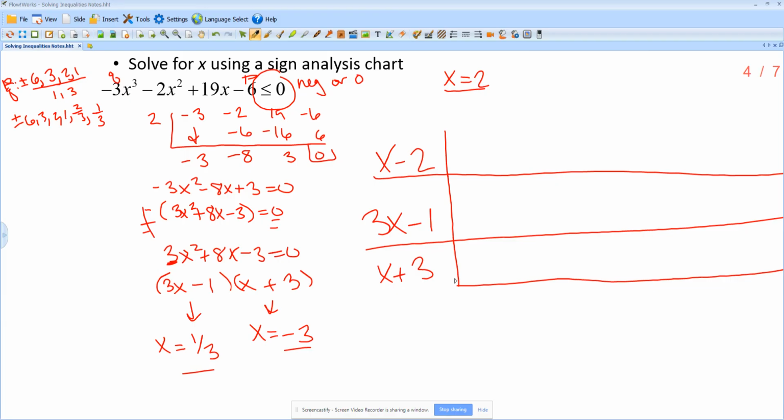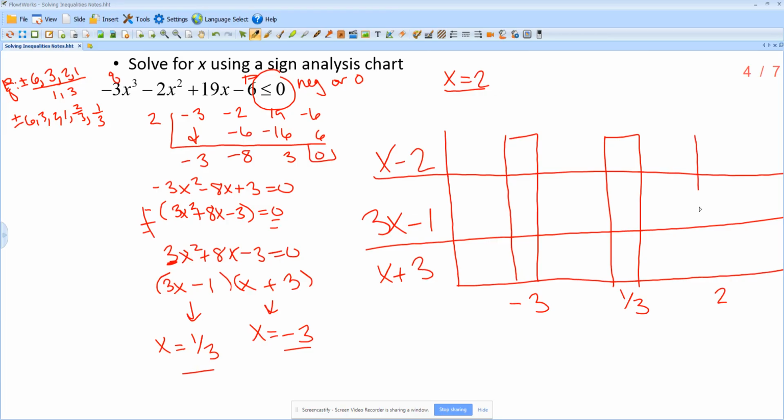So I've listed my critical values, -3, +1/3, and 2. Make all my sort of towers, and then put in my zeros. So 0 here, 0 here, 0 here. Because -3 zeros out that term, 1/3 zeros out this term, 2 zeros out this term.